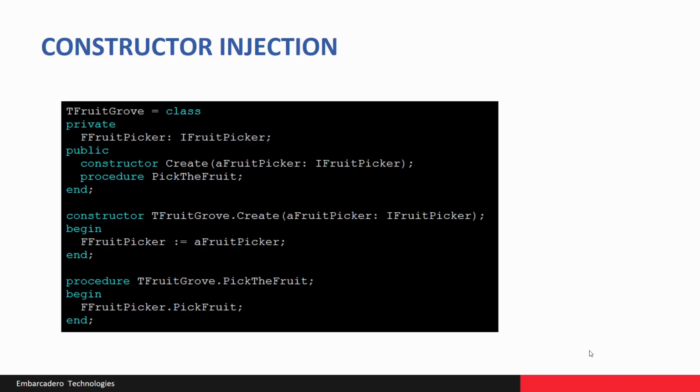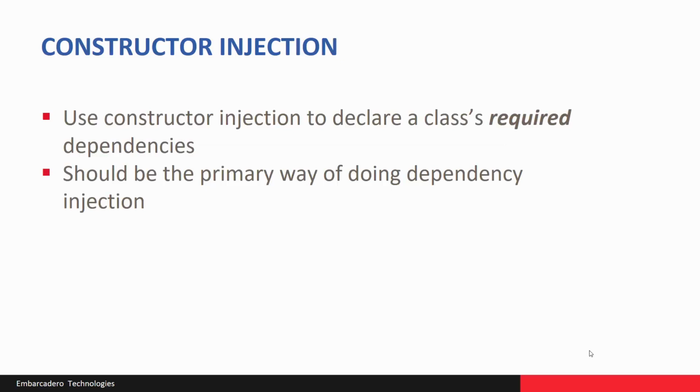You don't want to create the TFruitPicker inside the constructor, because then you'll be stuck with that one particular fruit picker. Here we're programming to an interface, an IFruitPicker, and we're passing it into the constructor as a required field for the class to do its work properly. You should use constructor injection to declare a class's required dependencies.